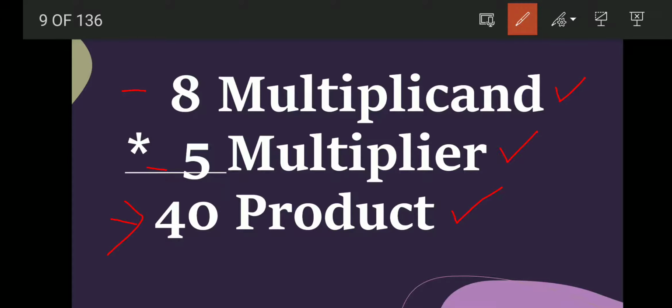So the number which is being multiplied by another number is called multiplicand. So 8 is here multiplicand. The number which is being multiplied by the given number is multiplier. And the resultant is product. So 3 parts: multiplicand, multiplier and product.